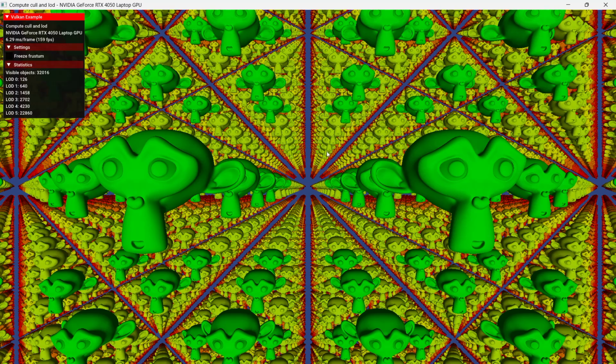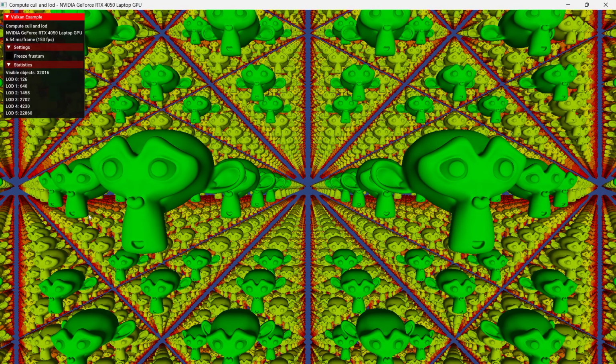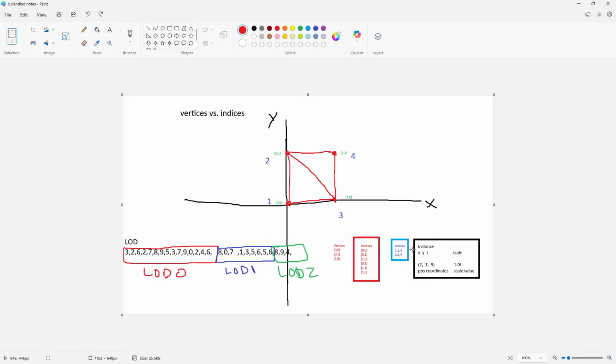There's a whole bunch of vertices. What I'm trying to intellectually understand and communicate is this instance data at per instance rate, where each one of these is an instance.